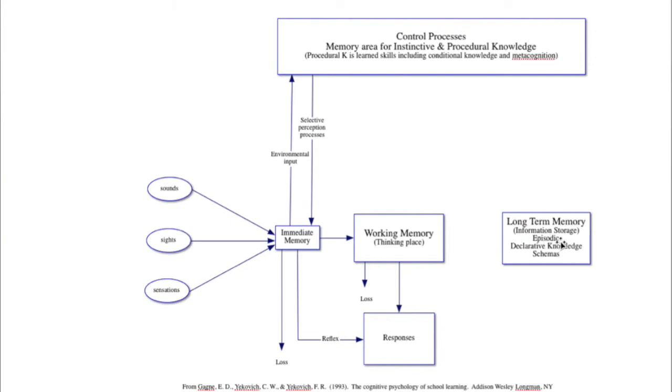Then when I asked you to retrieve it later, you were able to bring it back from long-term memory into your working memory. You weren't holding that information in working memory the entire time.